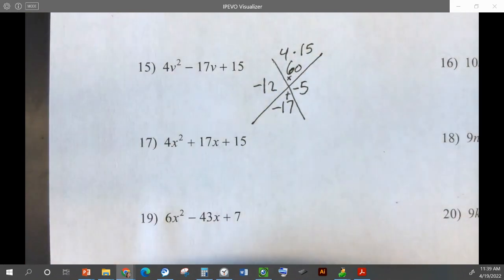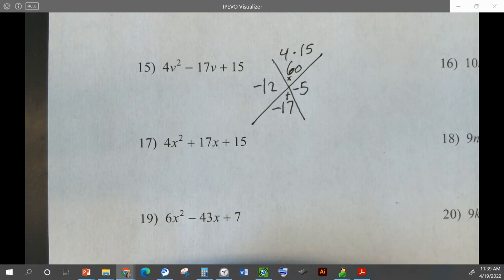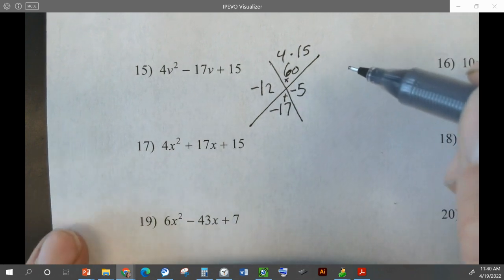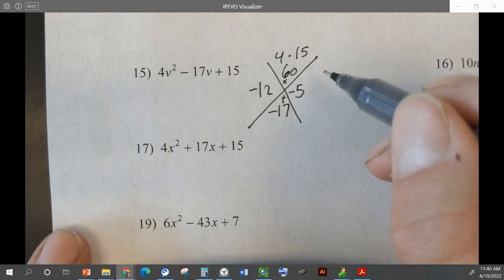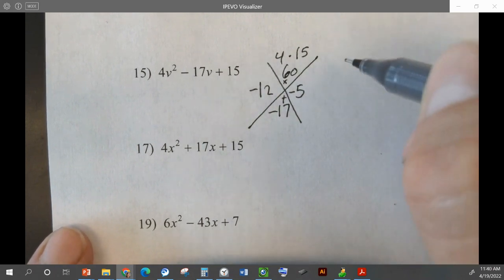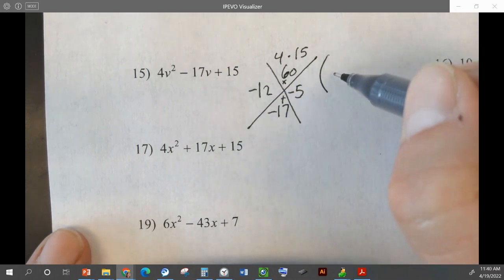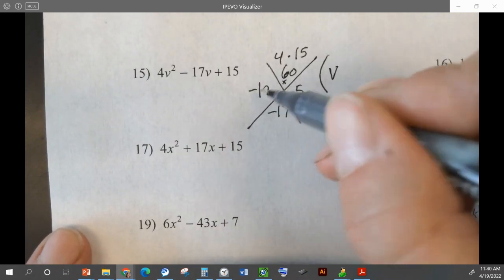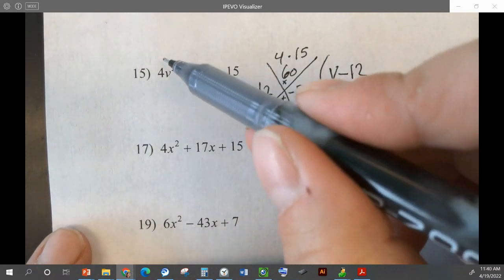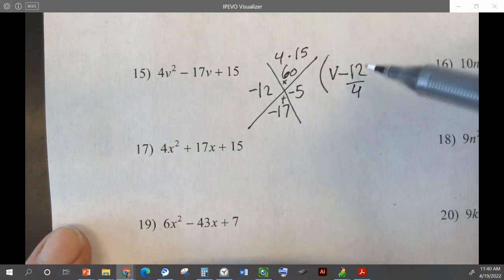Okay, what do we do next? Now that we have the factors, any ideas what we should do? Okay, well, we're going to write them as a factor. So we've got v minus 12, and then we have to divide by a.